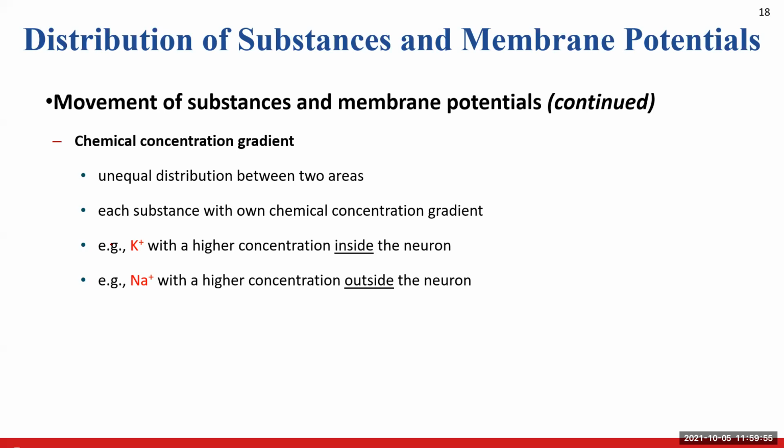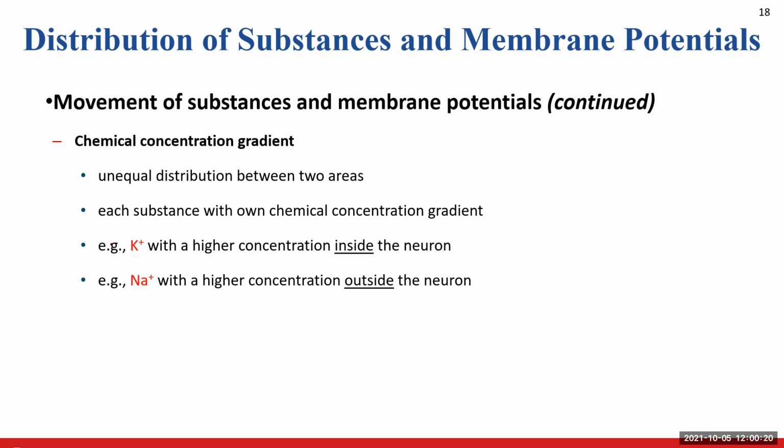For example, we saw banana floating in the ocean, more potassium was inside the cell, and we saw that sodium was going to be in higher concentration outside the cell, along with chloride. So that's our chemical concentration gradient. We'll have an unequal distribution of these chemicals between the two areas.